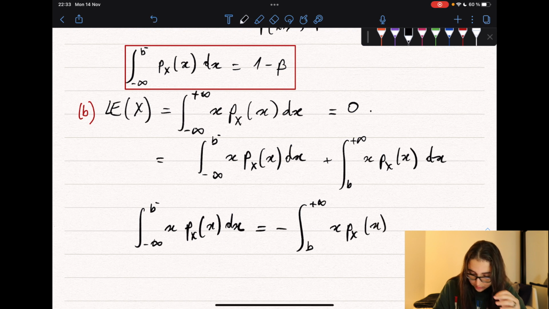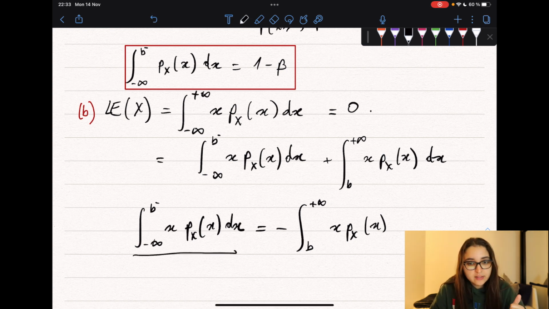This is the integral that we're actually going to use for our calculation, so this is just an intermediary step that will allow us to reach the final conclusion that this entity here is less than minus b times beta.